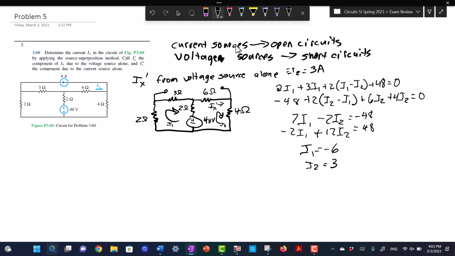So now I'm going to get Ix double prime from current source alone. So I'm going to redraw it, leaving the current source in, but turning the voltage source into a short circuit. So it will look like this.